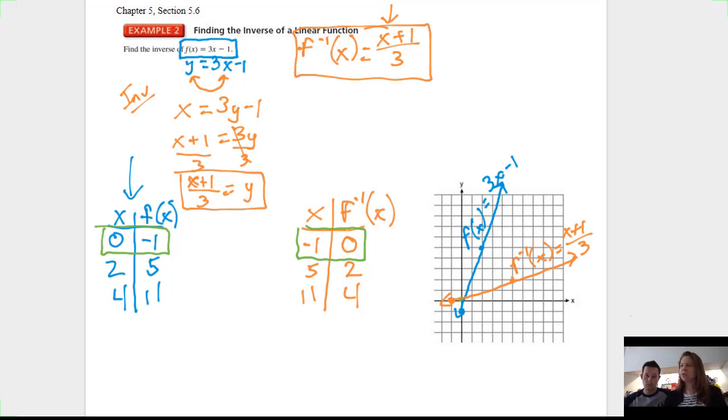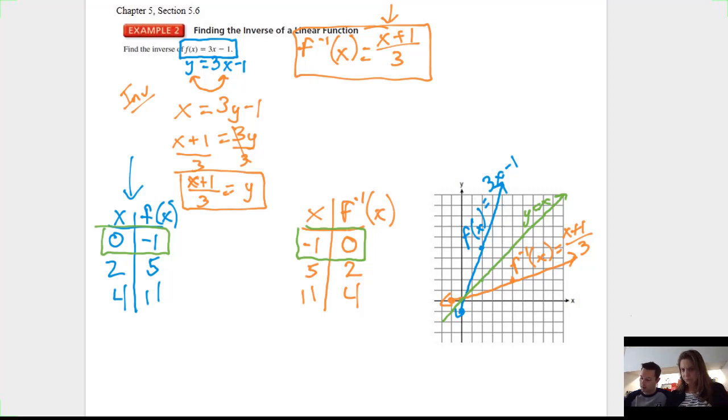Is there anything else? Reflection. A function and its inverse are a reflection over y equals x. It's really hard to see, so I'm going to connect them, like dot it. So every function and its inverse is a reflection over y equals x.